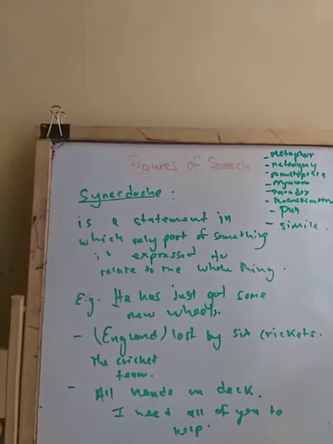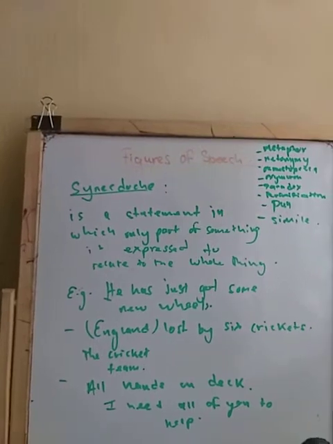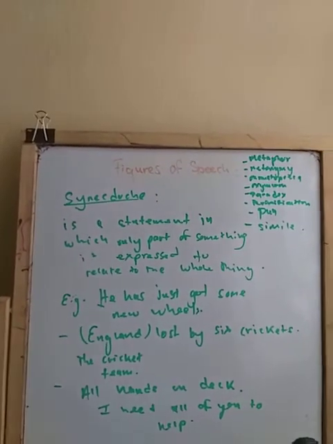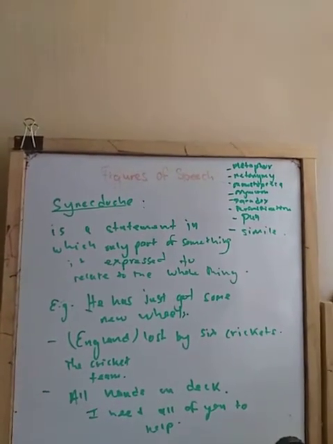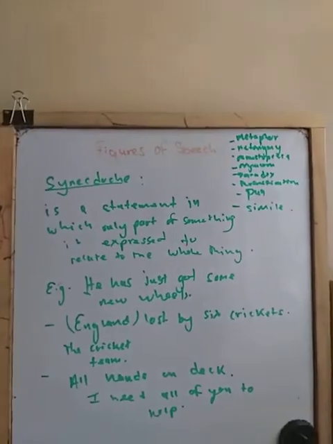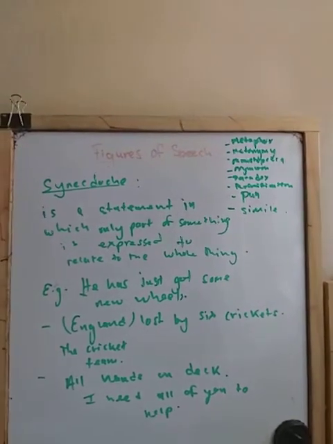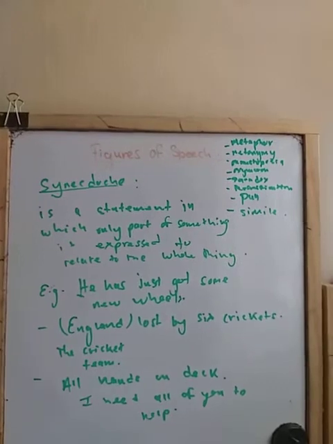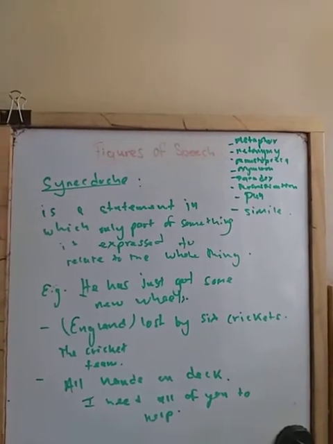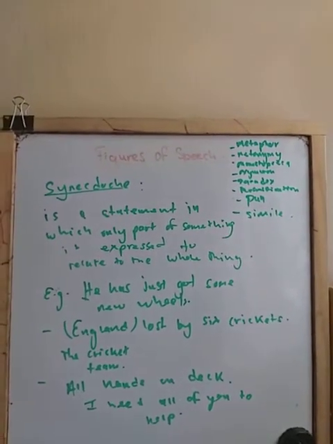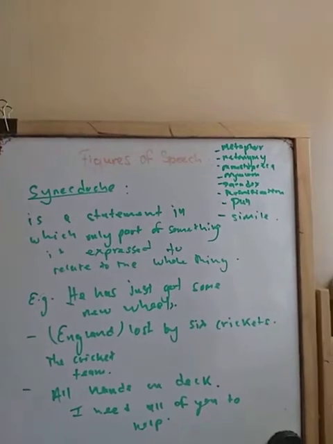Synecdoche. Also very difficult to say. Synecdoche, and to remember, but we'll try to keep revising, and revision is good for memorization. Synecdoche is a statement in which only part of something is expressed to relate to the whole thing.